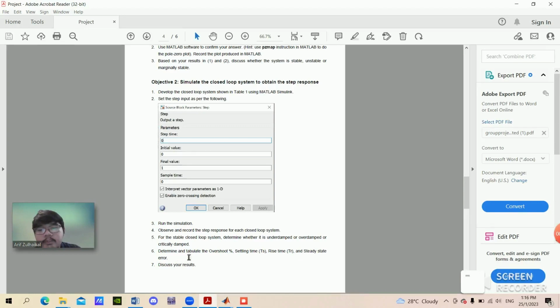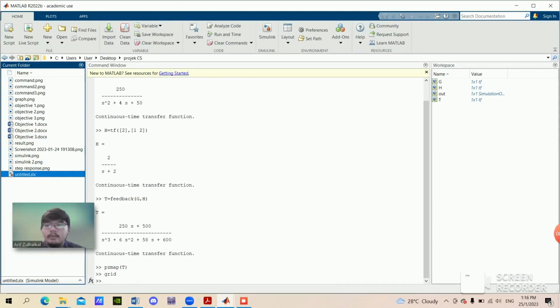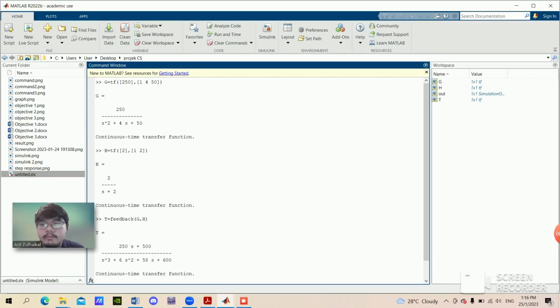Next, tabulate the overshoot percent, settling time, rise time, and steady state error.